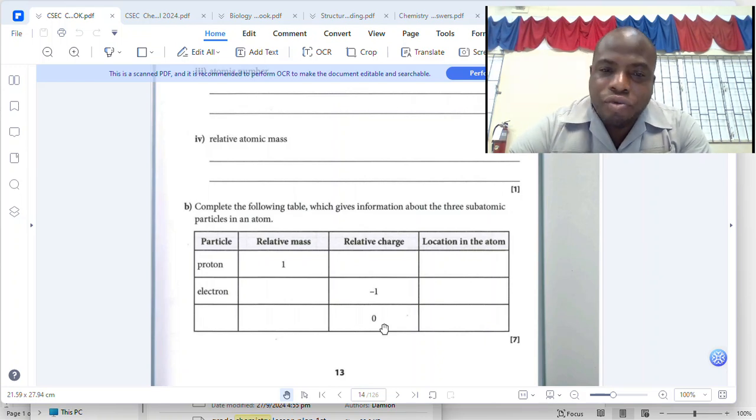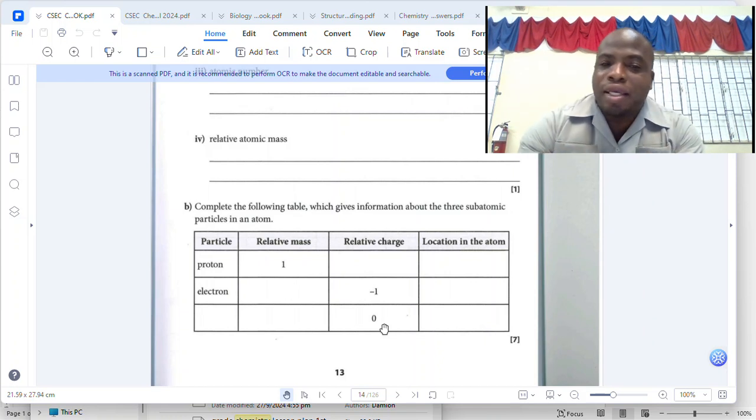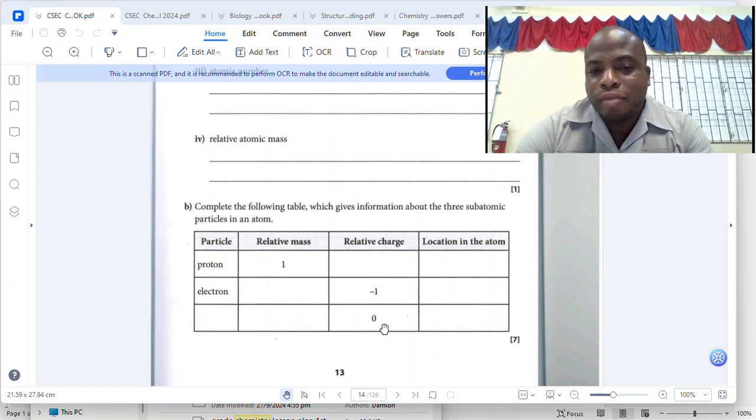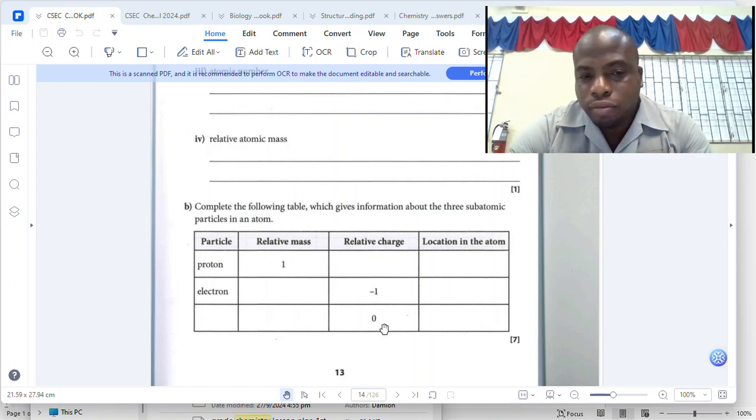And as a student, you should now make the link as to why the mass number is a reflection of the protons and neutrons and not the electrons. Because those two subatomic particles are the ones adding to the mass of the atom, not the electron.